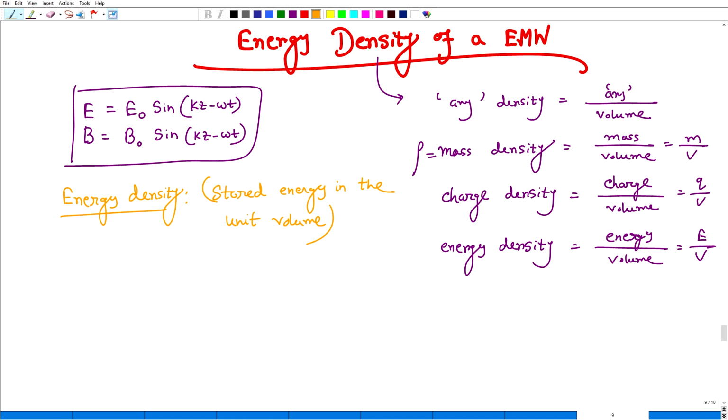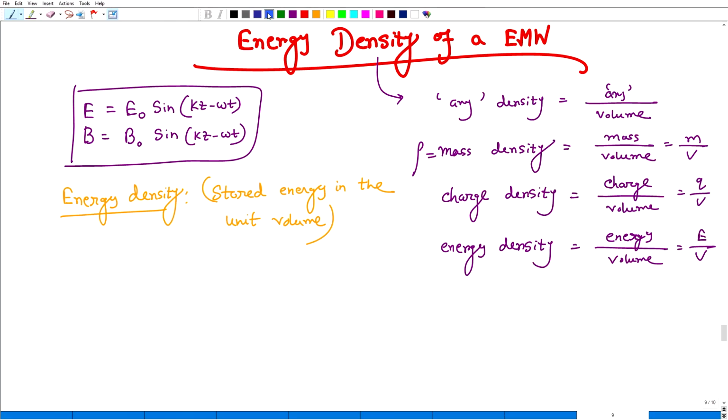So, there are two fields in the electromagnetic wave. One is the electric field, another one is the magnetic field, right? So, there will be two types of energy density. First is the energy density due to the electric field, another one is the energy density due to the magnetic field.